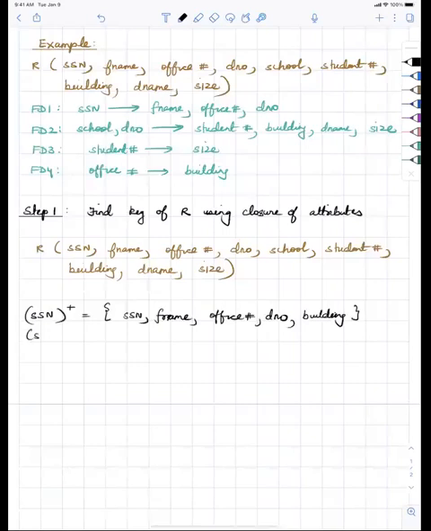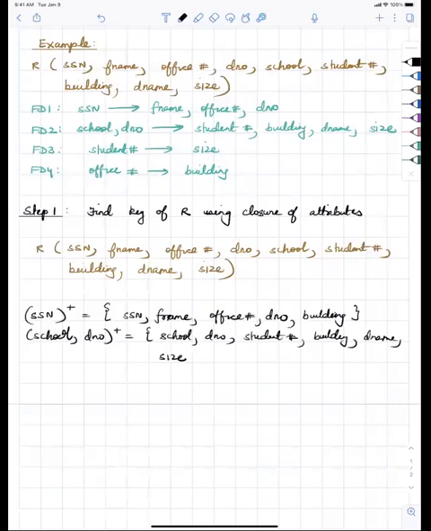But anyway, I'll put it in there: school, DNO plus is equal to DNO, student number, building, D name, size. That's it. I don't think we can get anything else from here. So that's not a key either.